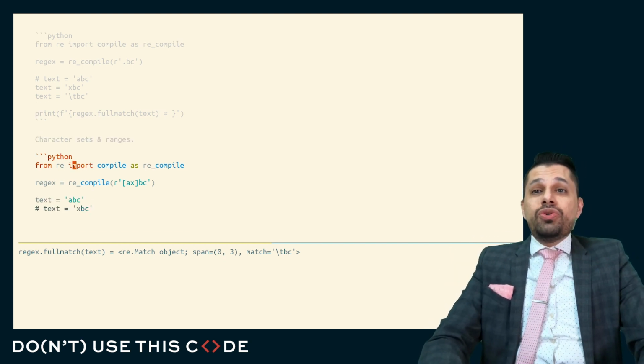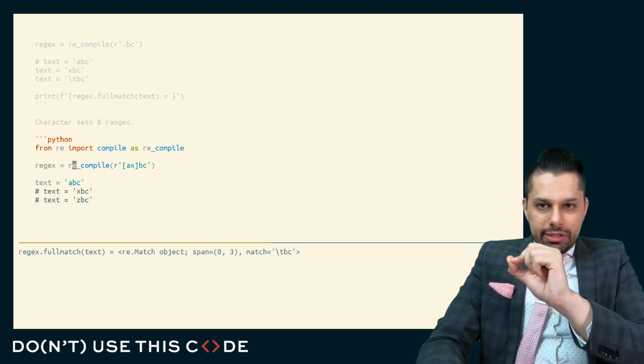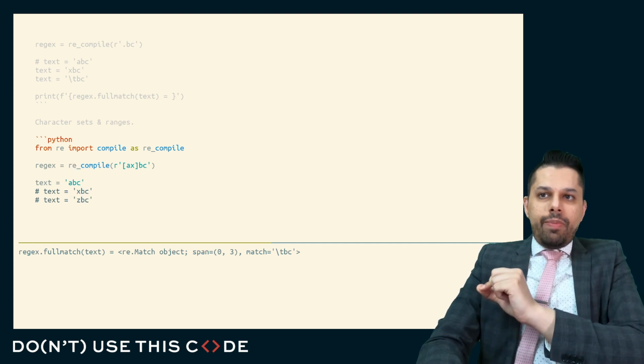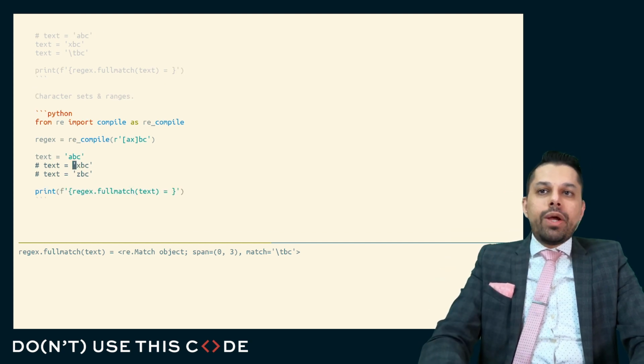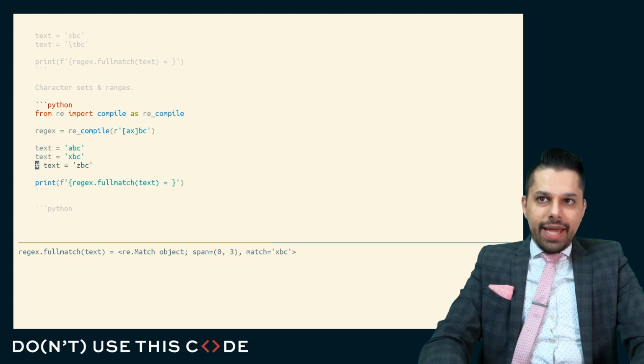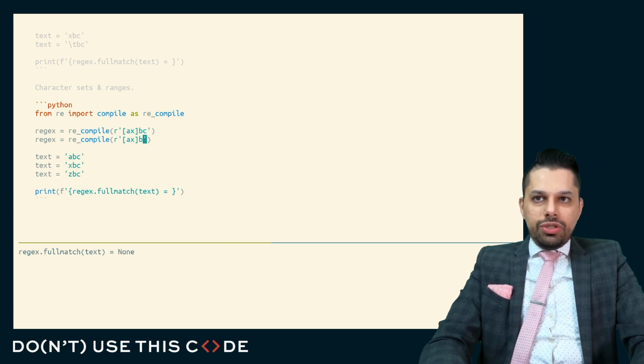So what you'll do is you'll use a character set. In square brackets, any single character in square brackets matches. So here, this will match ABC, XBC, but it won't match ZBC. So you can see it matches ABC, it matches XBC, but it doesn't match ZBC. And so if you think about it, what you could do for your date is you could say, well, I'm going to match a number. We don't quite know how to do that yet.